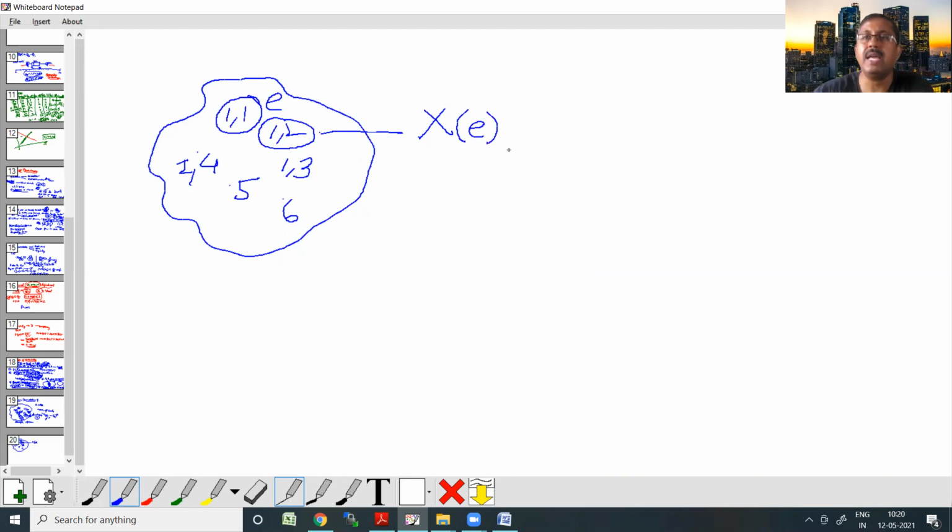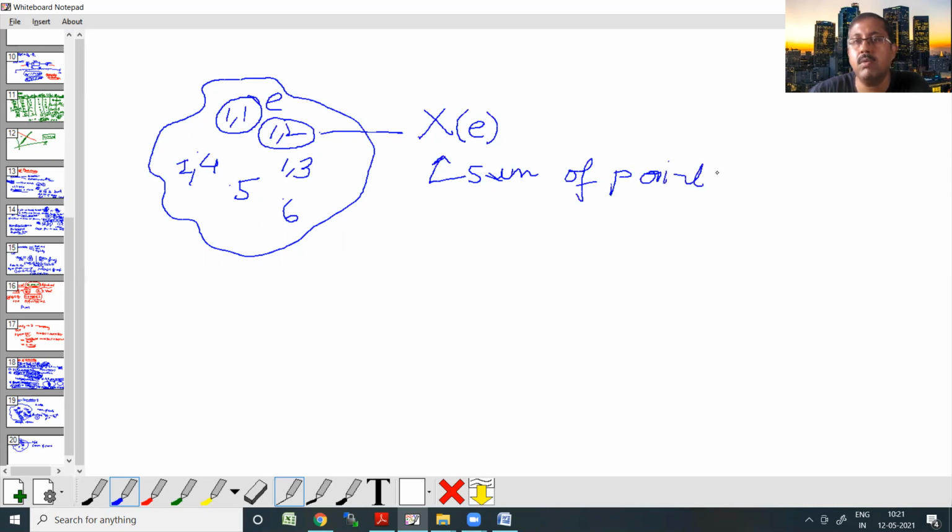Now say for example I define a random variable. Say I throw two dice together, and I define the random variable as the sum of points. This is a simple random variable.